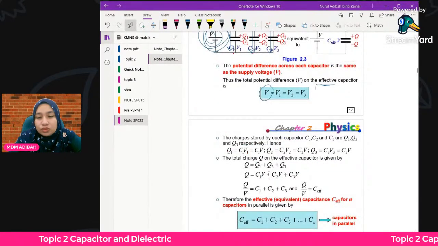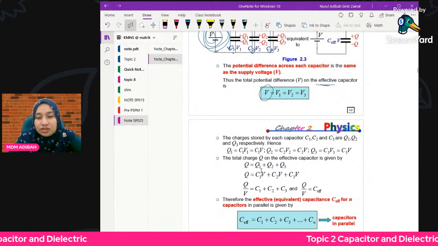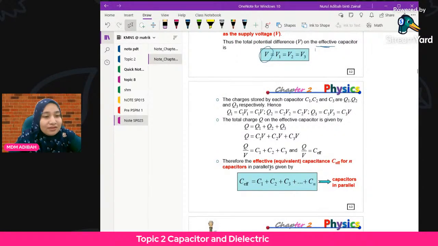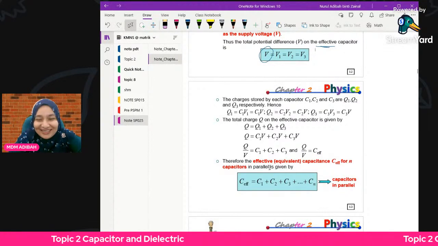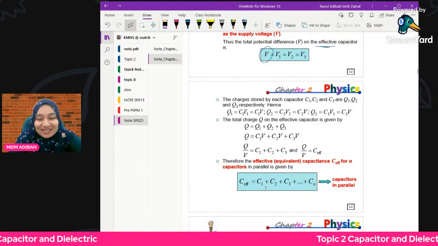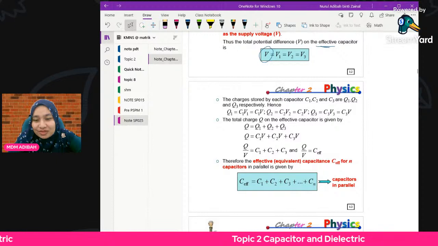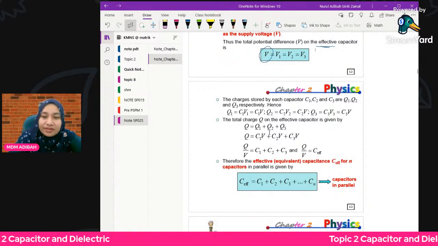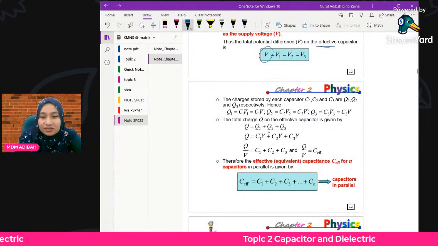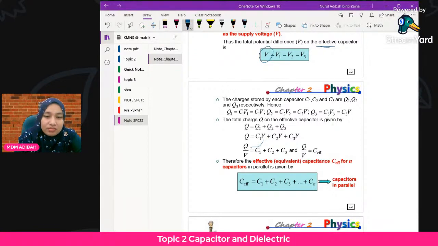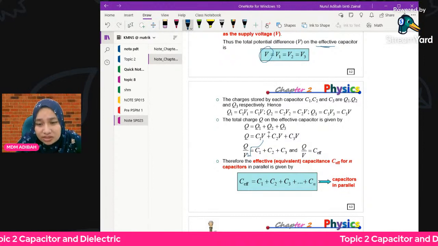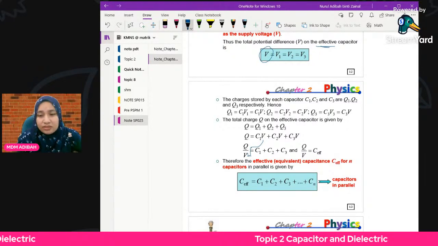So from here, Q sama dengan CV, dan dapat C effective. Since V dekat sini yang sama, kita boleh factorize V keluar, bahagi dengan Q bahagi V sama dengan C1, C2, C3 tambah.